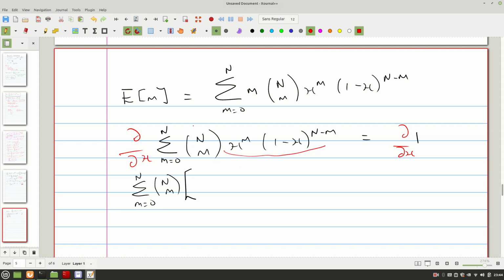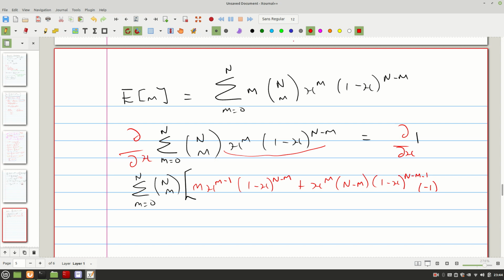Using the product rule, that's the derivative of this, m mu to the m minus 1 times 1 minus mu to the n minus m, plus the original, mu to the m, times the derivative, which is n minus m, and we need to use the chain rule here as well, times 1 minus mu to the n minus m minus 1, times the derivative of what's inside, which is minus 1.